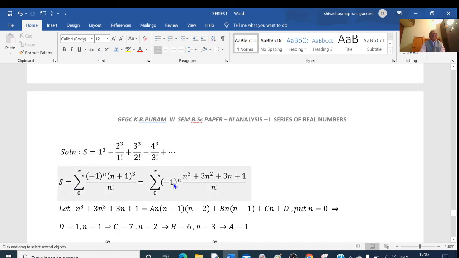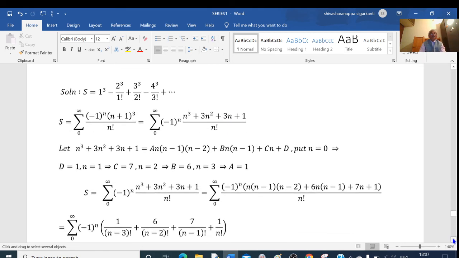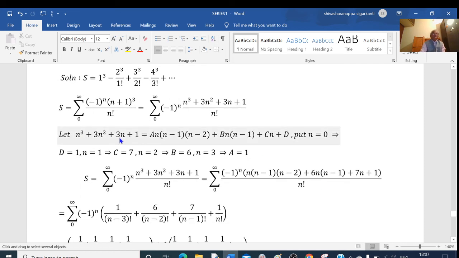This is equal to minus 1 to the power of n. Expanding this, a plus b whole cube is a cube plus b cube plus 3a square b plus 3ab square. In a similar way, I will write n cube plus 3n square plus 3n plus 1 as a into n minus 1 into n minus 2 plus b into n minus 1 plus c into n plus d.